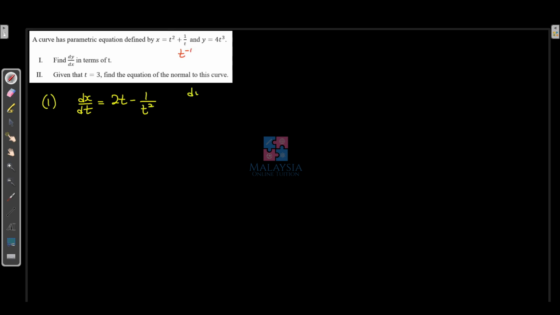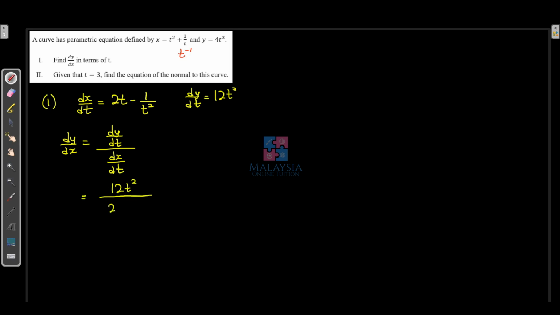And then our dy over dt is going to be 12t squared. Done. So now, for our dy dx, we are going to write dy over dt divided by dx over dt. So dy over dt is going to be 12t squared. And then dx over dt, we can rationalize the denominators.